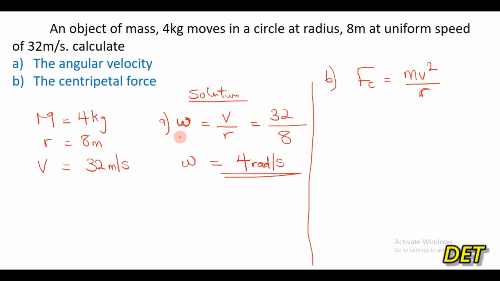So we have our mass to be 4 kg, right? M is mass. So that would be equal to 4 times our velocity, which is 32 meters per second. So that will be 32 squared, this is v squared, right?